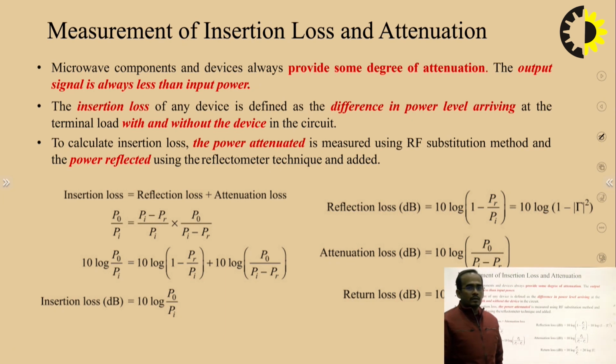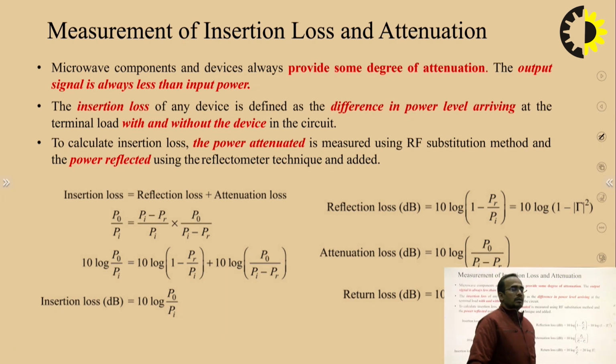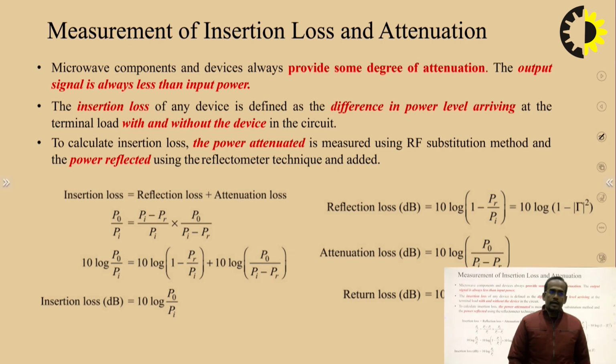This is nothing but 10 log 1 minus rho or gamma square. So in this way we can represent this reflection loss, attenuation loss and return loss in terms of reflection coefficient as well as in terms of incident power, reflected power and output power.